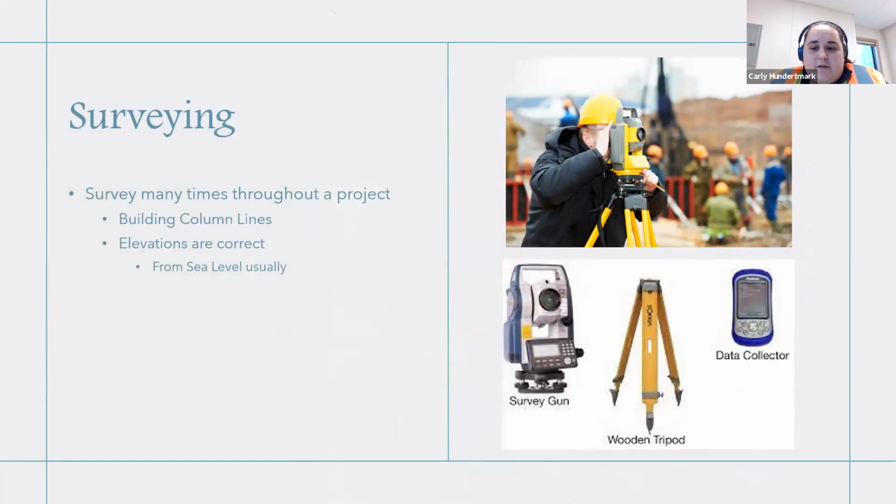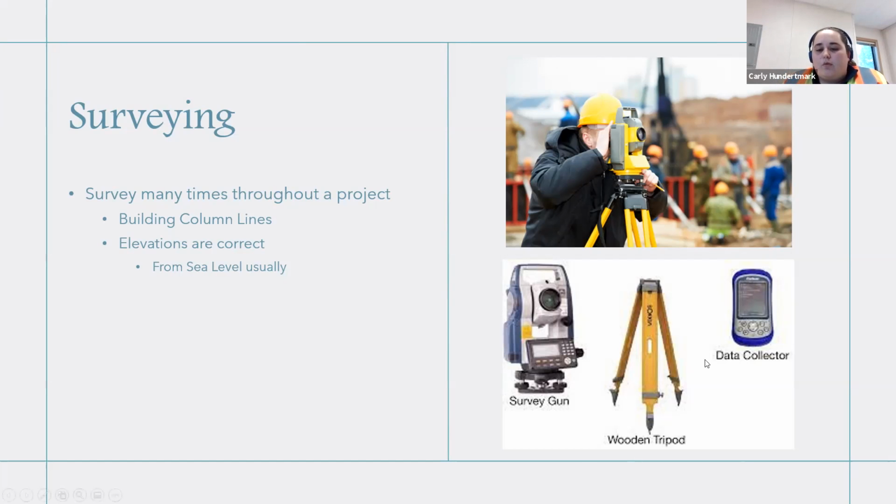This brings us a little into surveying, which I know Nicole touched upon, but we see this all the time on our site. We have a bunch of surveyors come out throughout the building process. What they do is make sure the elevations of the building are right, how high the floors are and that the steel is the correct height. They also help set column lines, which we dimension out and build the building off of, so everything runs smoothly and is built the proper way.